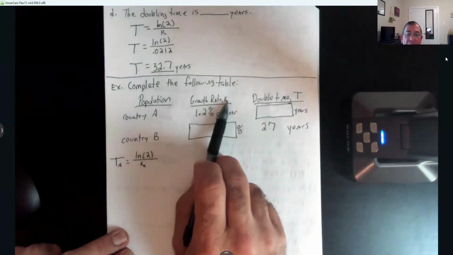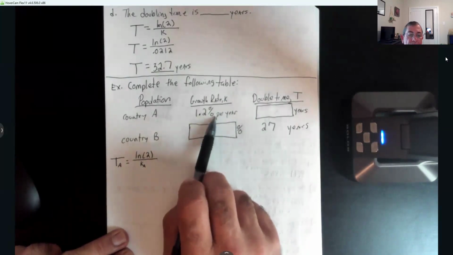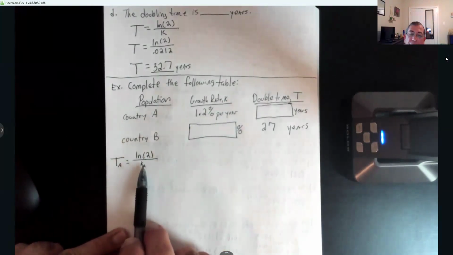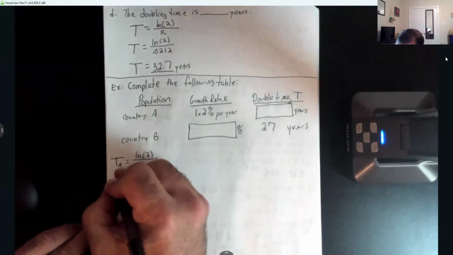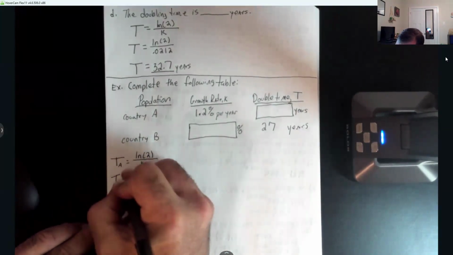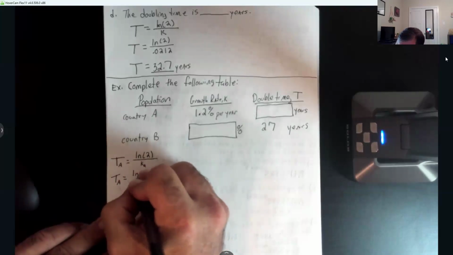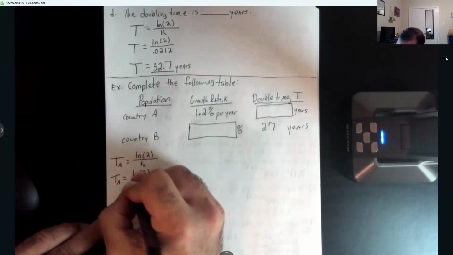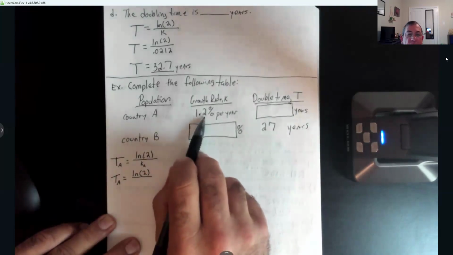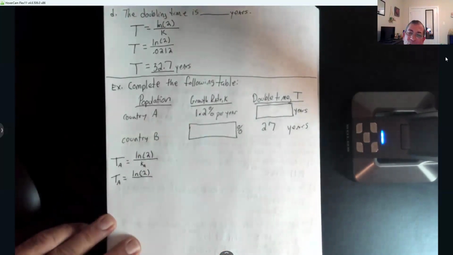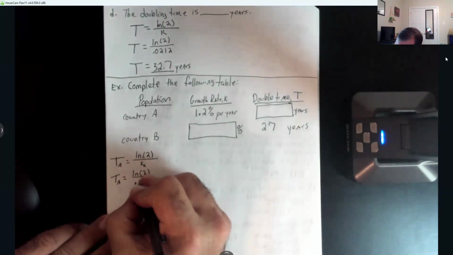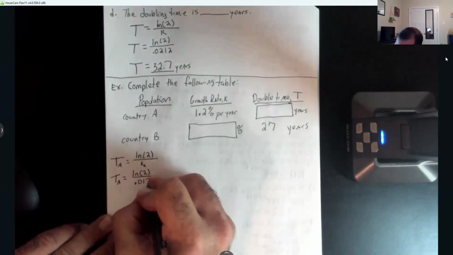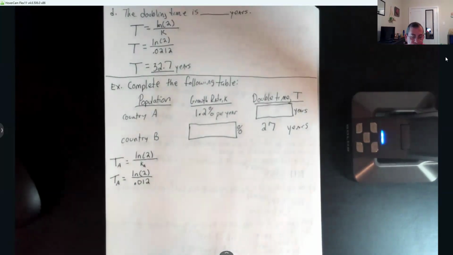Well, I know the K was 1.2%, but y'all remember, I can't put 1.2% into my formula. So the double time of A will equal ln of 2 over, now if we turn 1.2% into a decimal, we're going to move it left twice, and that'll give us 0.012.